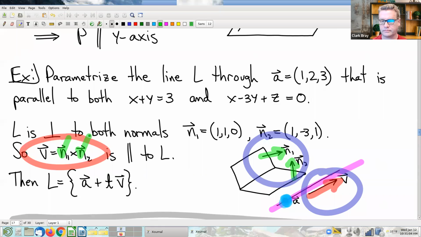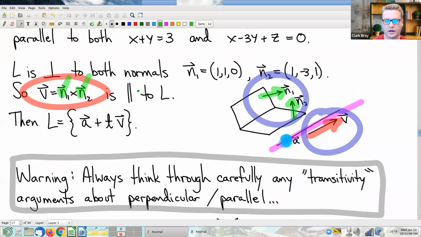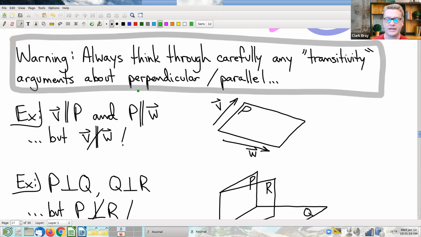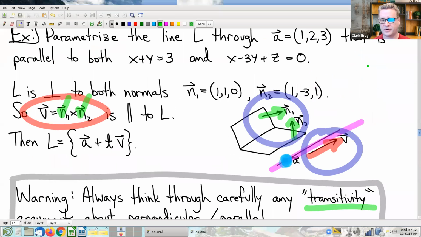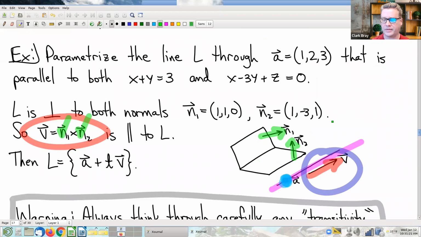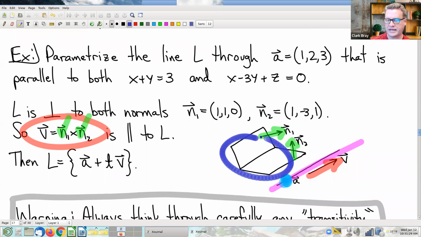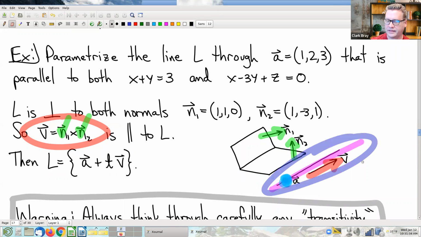Okay. All right. Now, I do want to give you all a warning. I used what I will loosely call kind of sort of transitivity arguments about parallelness and perpendicularness. For example, most recently, I argued that these vectors are perpendicular to the planes, and the planes are parallel to the line, and therefore, right?